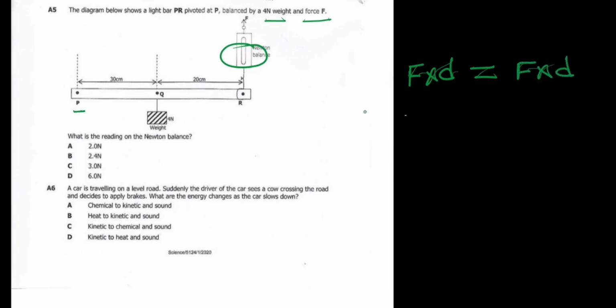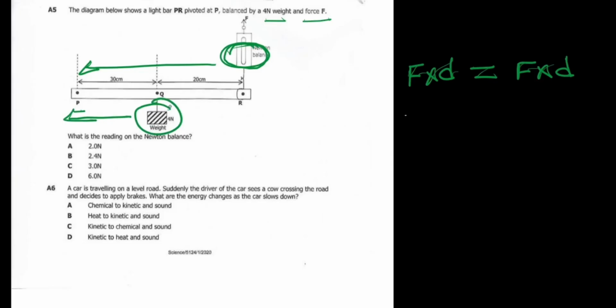Now, what we are going to do here is that we want to know the force that is going to be read at this balance in relation to the pivot. But we also have the force here in relation to the pivot. So we're going to use the two here to find this particular reading here.